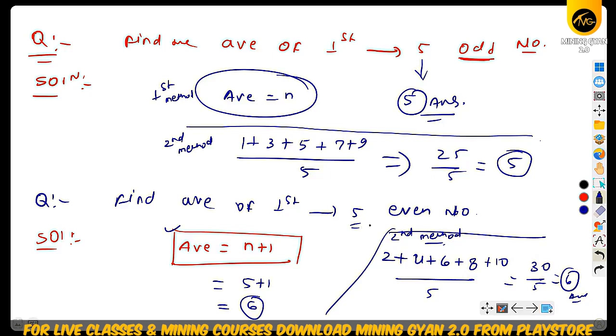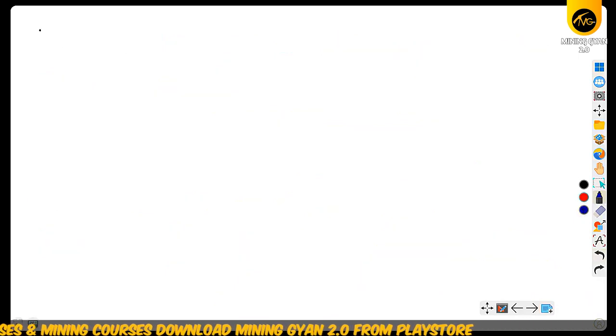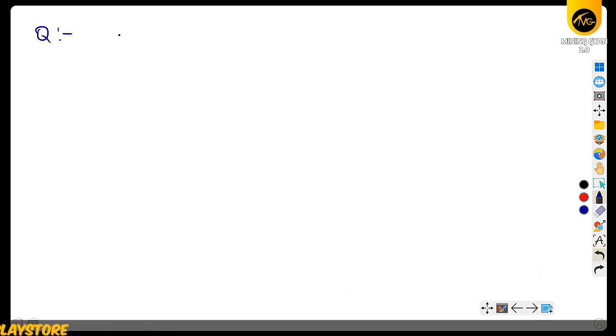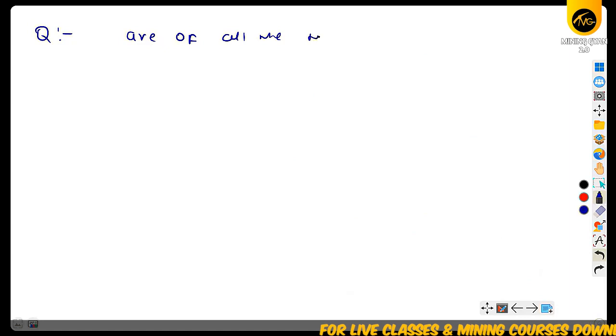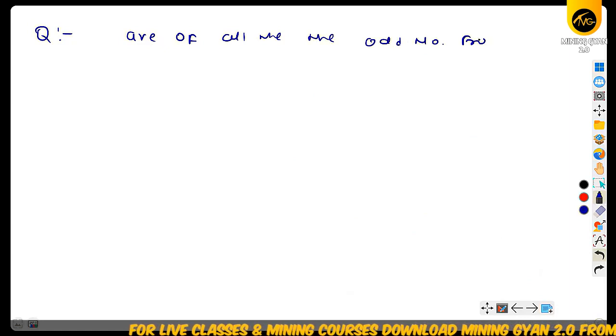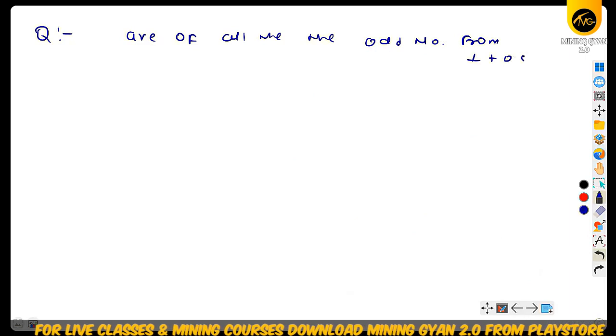Is it clear? Now the last one is the last condition. Suppose you have to find the average of all the odd numbers from 1 to 51.